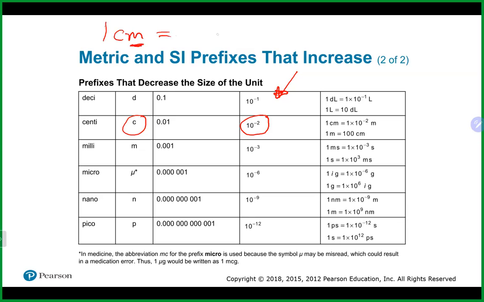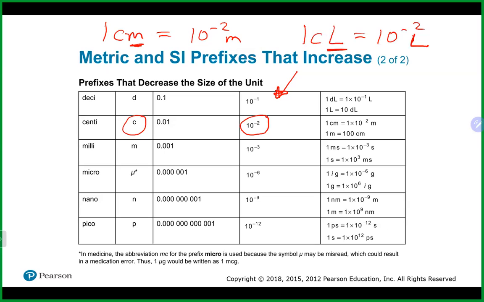That would equal 10 to the minus 2 meters, or basically 1 times 10 to the minus 2. It is a very common mistake that people reverse that and go 10 to the minus 2 centimeters equals 1 meter, and they do it backwards. It doesn't matter the base unit, as we saw on the previous slide. You could have 1 centiliter, and liters would be the base unit, would be 10 to the minus 2 liters.